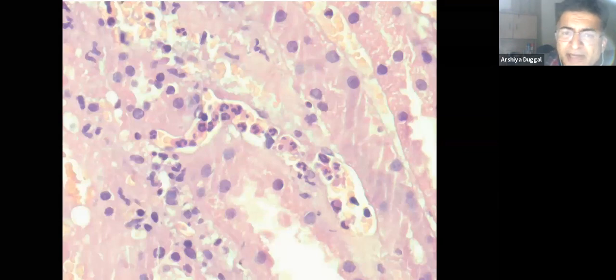In addition to that, you'll find PTCs. This is a peritubular capillary in between the proximal tubules, where you see significant neutrophilic peritubular capillaritis. When I say neutrophilic peritubular capillaritis, or neutrophilic or lymphocytic glomerulitis, both these terminologies are clubbed together as microvascular inflammation.